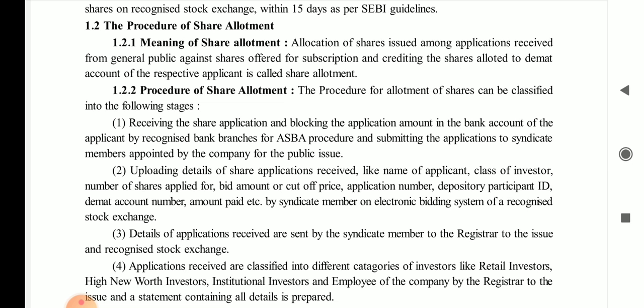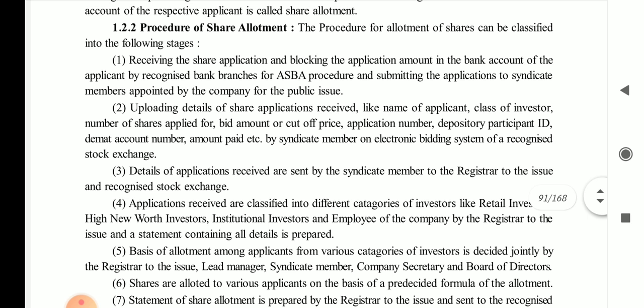Next is the procedure of share allotment. The procedure for allotment of shares can be classified into the following stages. There are many different stages into which the procedure of allotment is divided. The first is receiving the application and blocking the application amount in the bank account of the applicant by recognized bank branches for the ASBA procedure, and submitting the application to the syndicate members appointed by the company for the public issue.